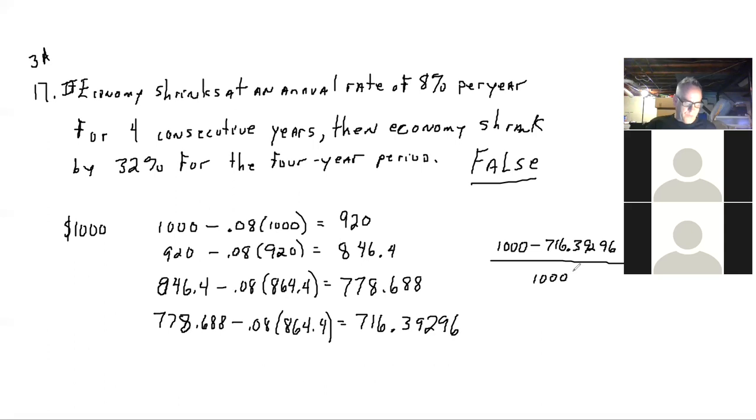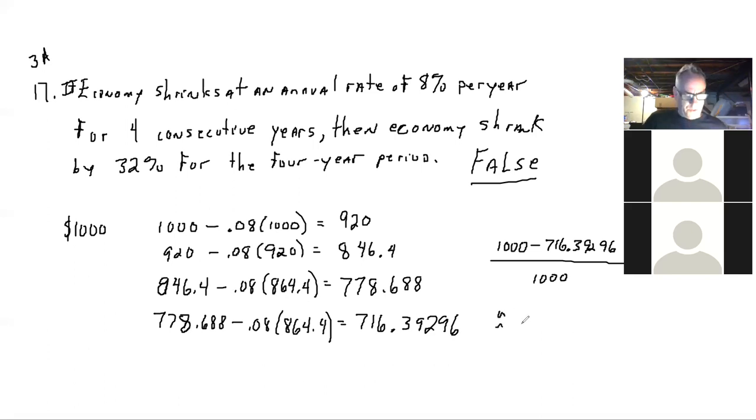So 1,000 minus 716.39296 and then divide by 1,000.